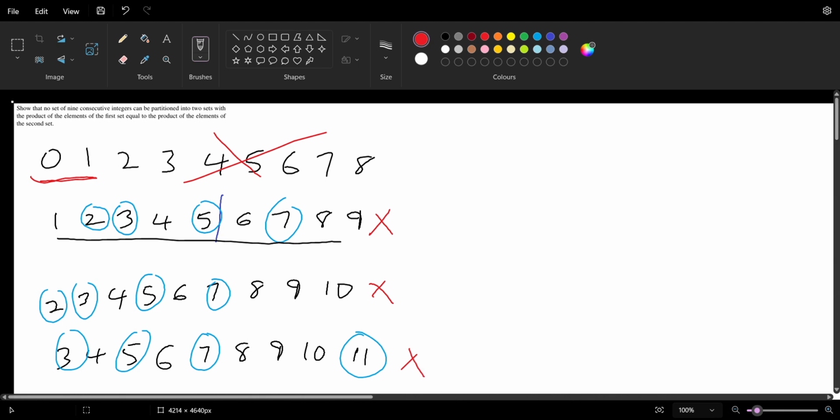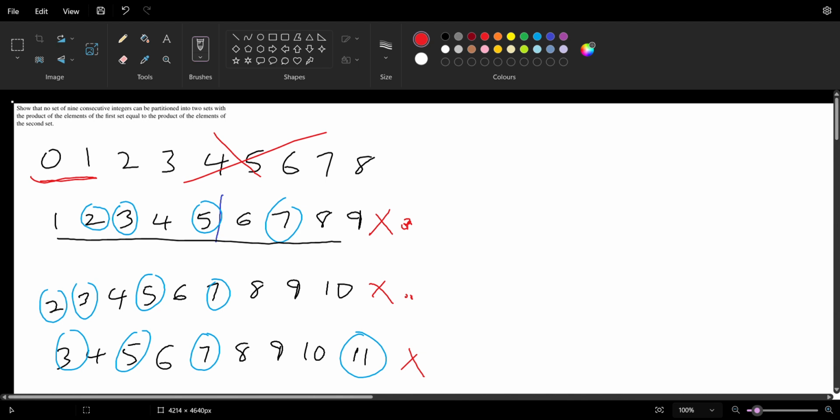In the second case there were 2 extra lonely prime factors. In the third case there was just one lonely prime factor. So our goal should be to prove that there will be at least one lonely prime factor, because if there is one lonely prime factor, it means that you cannot partition it into left and right and have the products be equal.